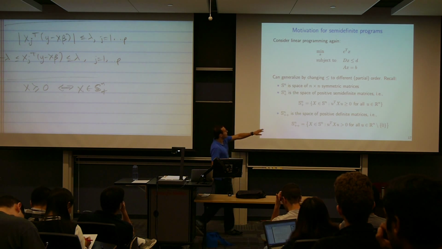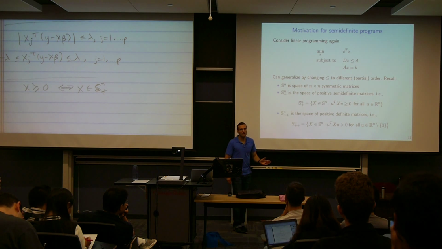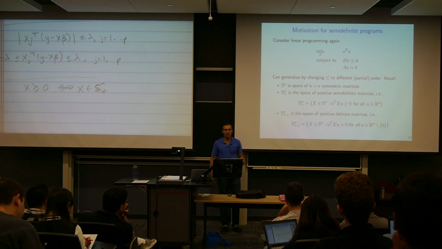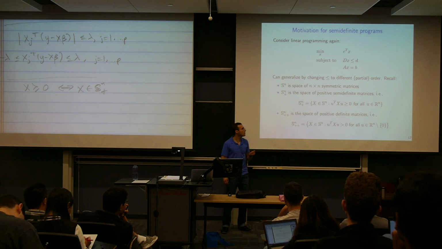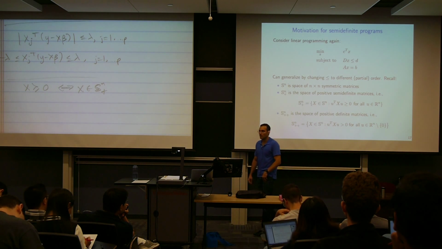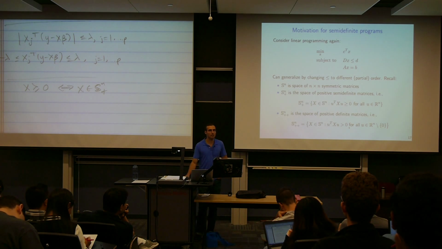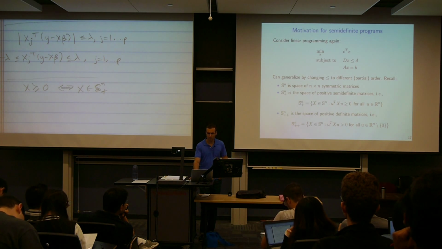And then Sn++, with two pluses in the subscript, is the space of strictly positive definite matrices. They have all the eigenvalues strictly larger than 0, not just bigger than or equal to 0. That means that they satisfy this positive definiteness inequality strictly, not in a non-strict sense. So for all u that are not 0, u transpose x u is strictly larger than 0.